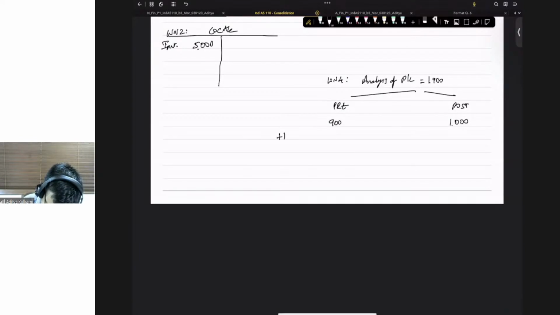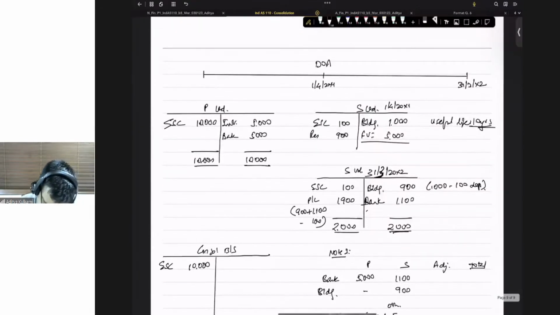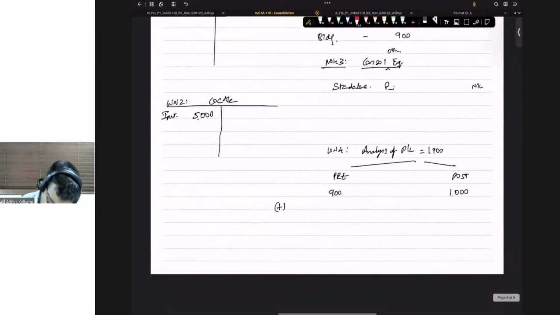So here there is an upward increase in fair value. Building of 1,000 is actually worth 5,000. So we will do a fair value adjustment. We have just studied this. So we will do a fair value adjustment. So 4,900.